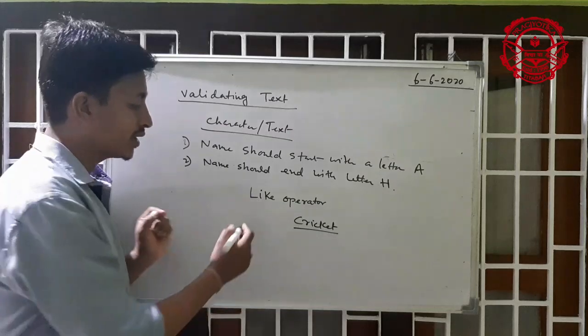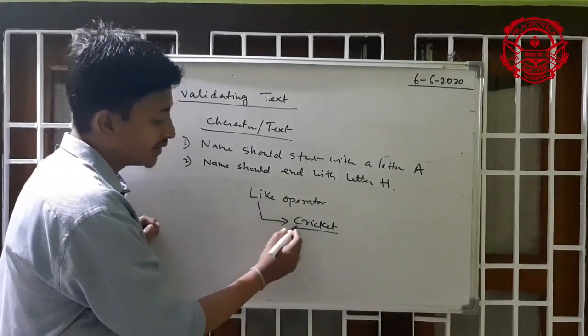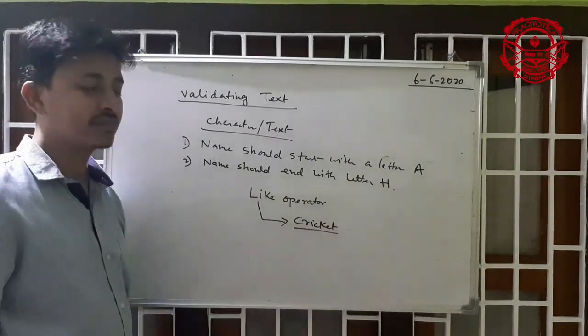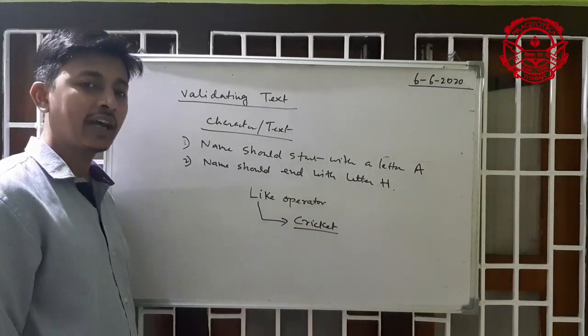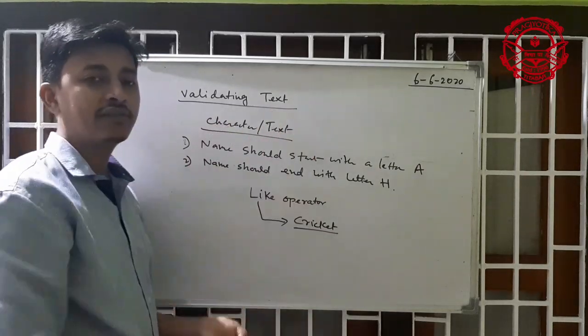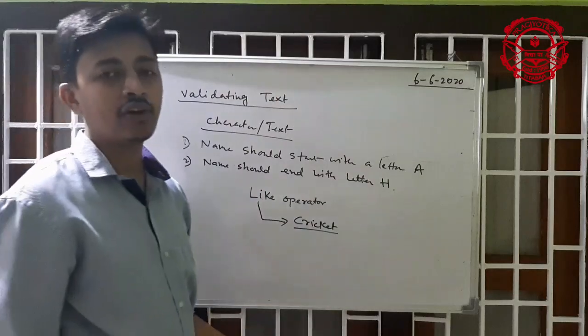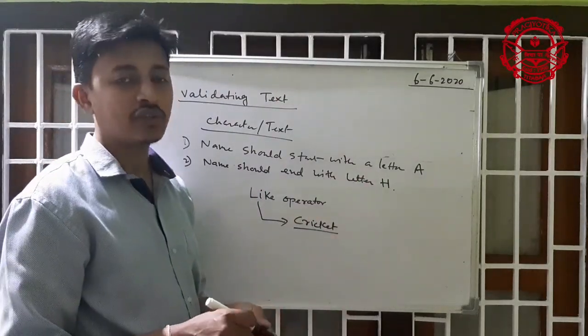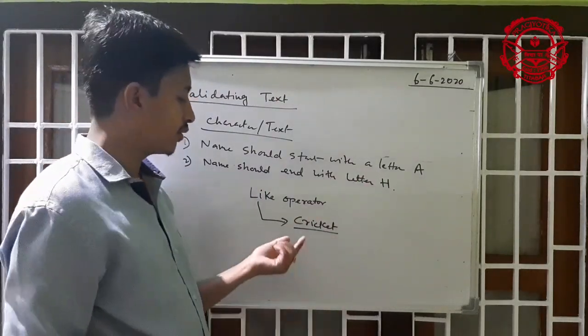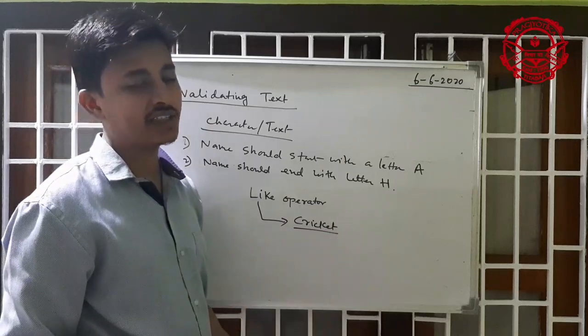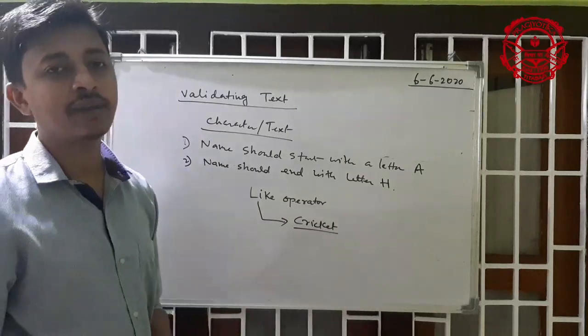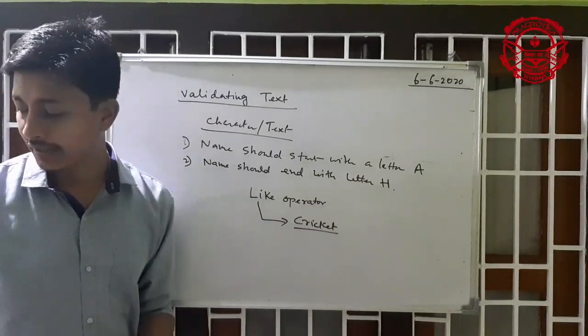The Like operator searches this word cricket, and after that it will give a lot of information to the users that matches the word cricket. In this way the search will be performed.